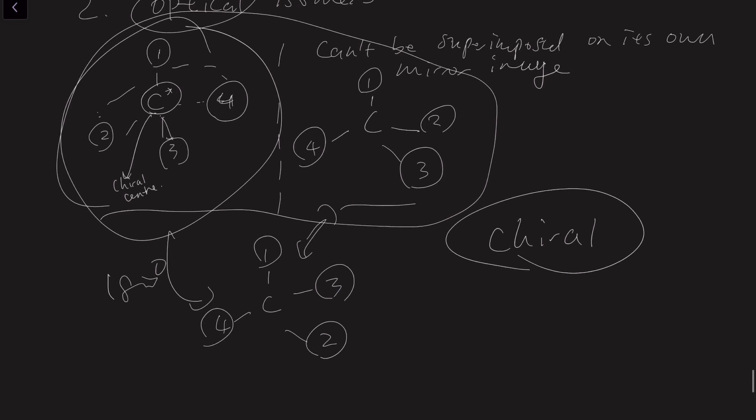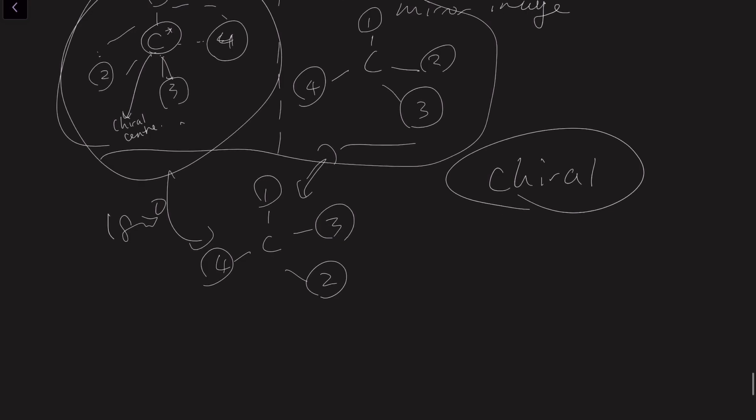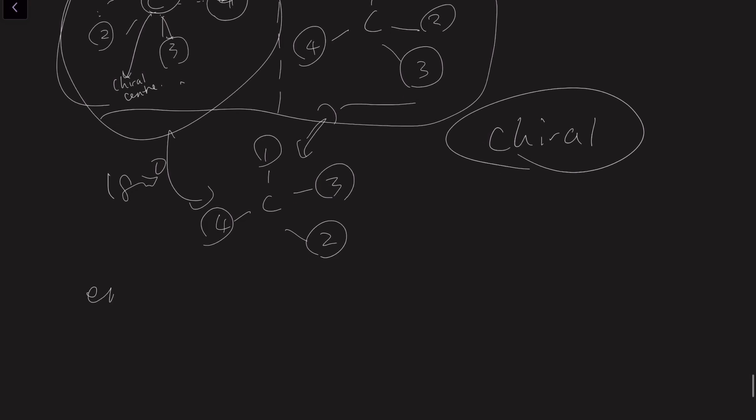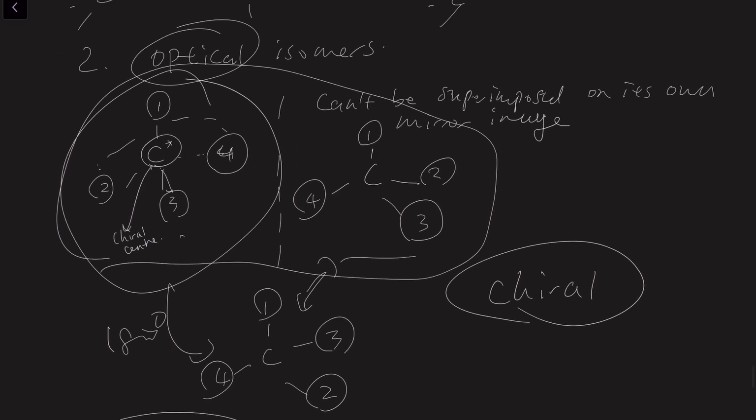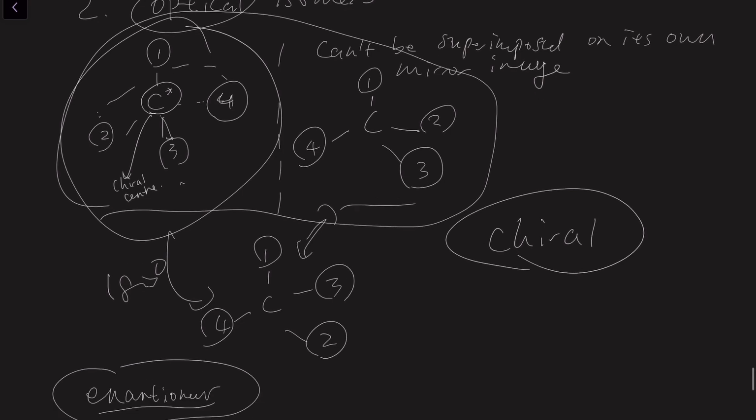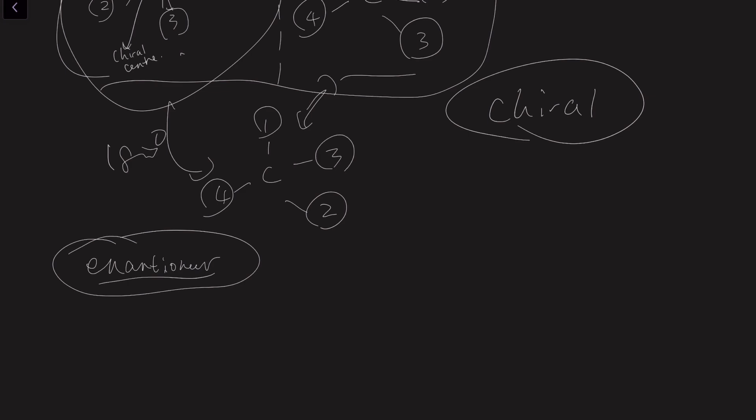So actually the molecule and its mirror image are called enantiomers. So this is a molecule and its own mirror image. This is also a special name you need to know. And that's really, I think, everything you need to remember about optical isomers. Whenever you have four different things connected, you get a chiral molecule. And you have two different mirror images of each other called enantiomers.